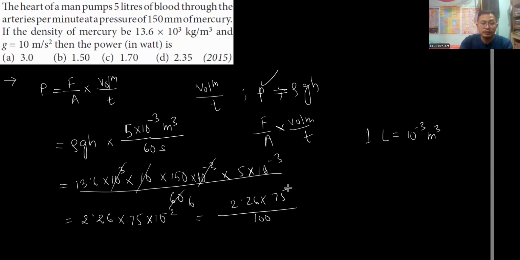Then 75 by 100 is 3 by 4, so 6.78 by 4 gives about 1.69.